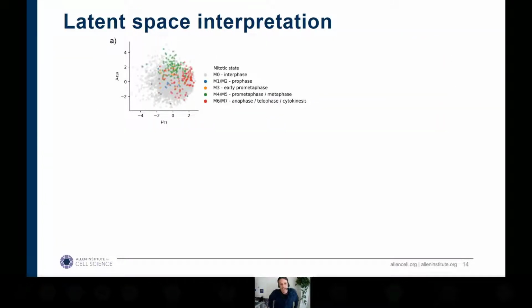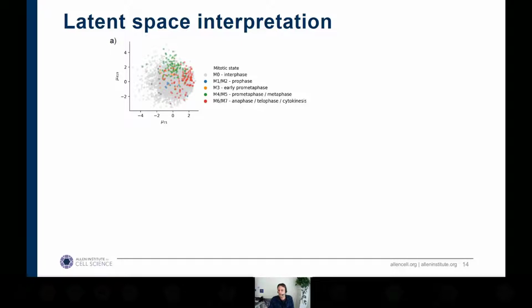Okay, so let's talk about the interpretation of the latent space. We go from 1 million voxels to a 512 dimensional latent space. This means that first a picture is represented by 1 million numbers, and now it is represented by 512 numbers.